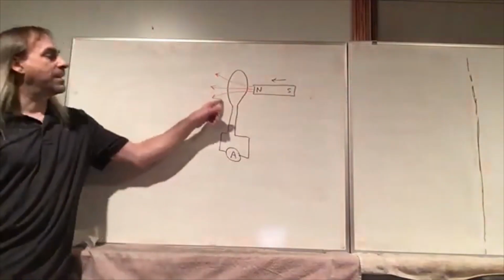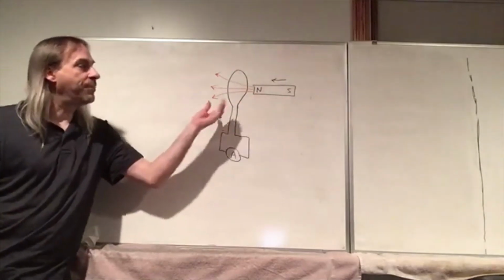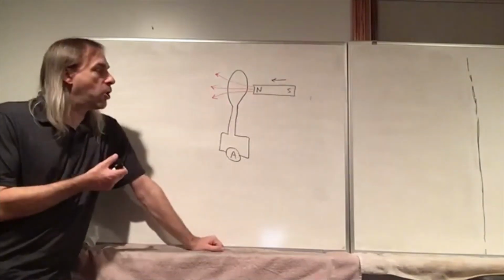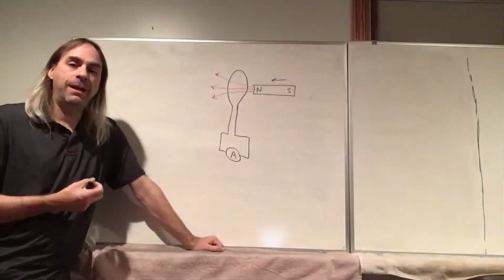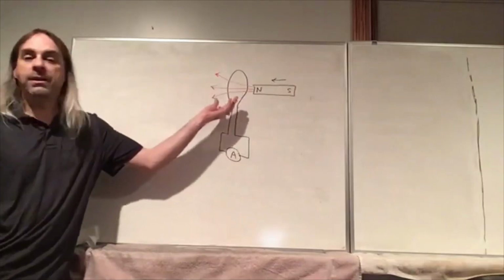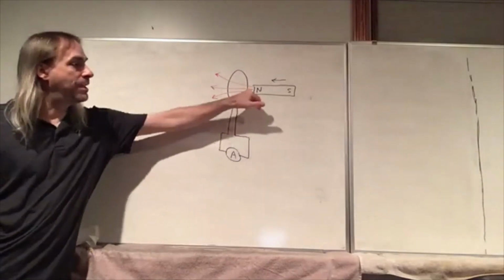And so what happens is, when the magnet gets close and it's moving, that creates a current in the coil. And the current in the coil creates a magnetic field as well. And so this coil becomes essentially a magnet that will oppose this magnet.